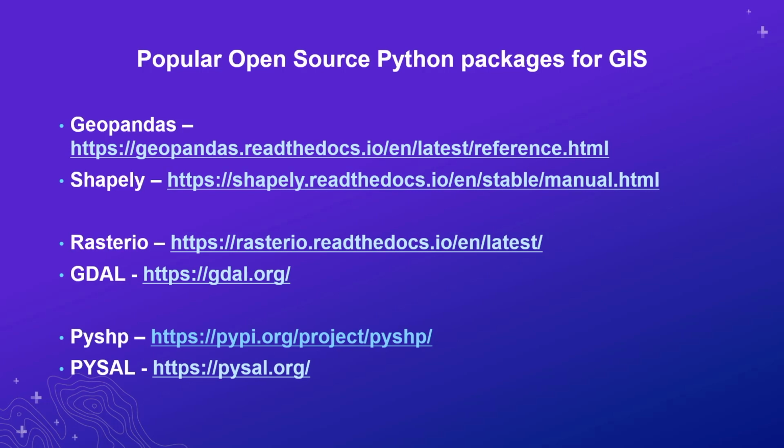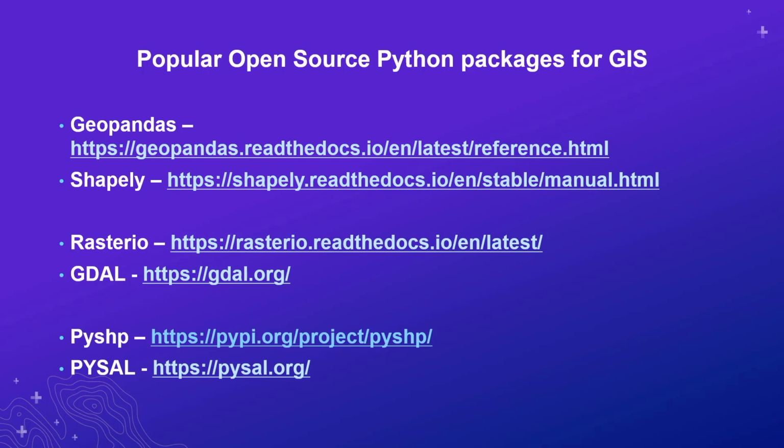GDAL is used for manipulating raster data, and OGR is used for manipulating vector data. PyShp reads and writes Esri shapefiles in Python. So all your shapefiles that can be extracted using your favorite ArcGIS products can actually be read seamlessly using PyShp in Python. PySAL is great for performing spatial analysis on vector data.